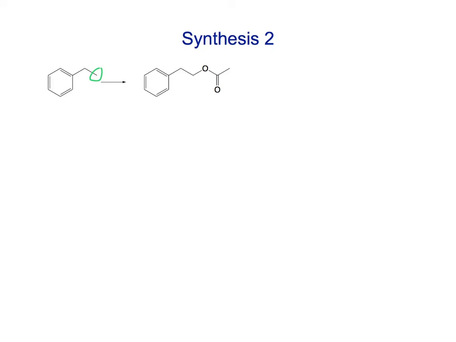Okay, so I think we really only have one way to functionalize the benzylic position, or even that side chain. Well, unless we want to oxidize the whole thing off, right? So we could do that as well. We could use potassium permanganate, and this would go to the carboxylic acid.